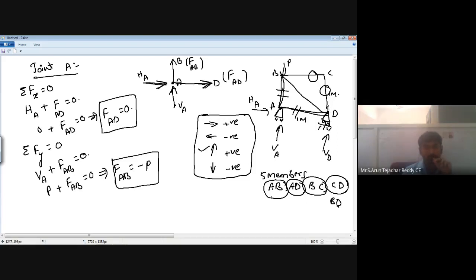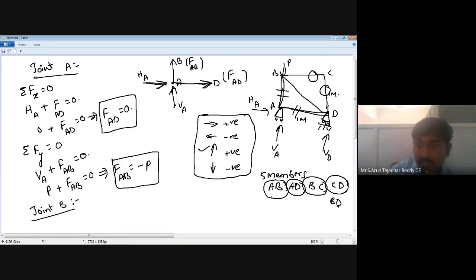Any one you can take. Here I am going to take joint B. First you need to understand how many members are acting and whether any external load is acting at joint B.